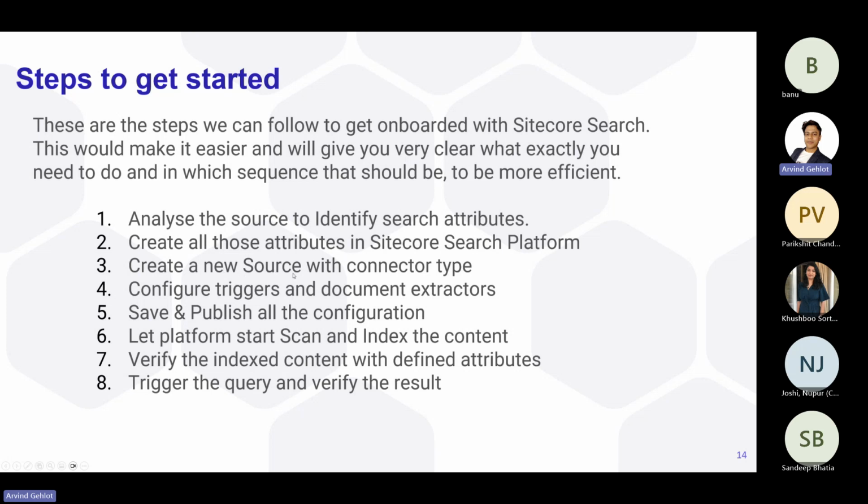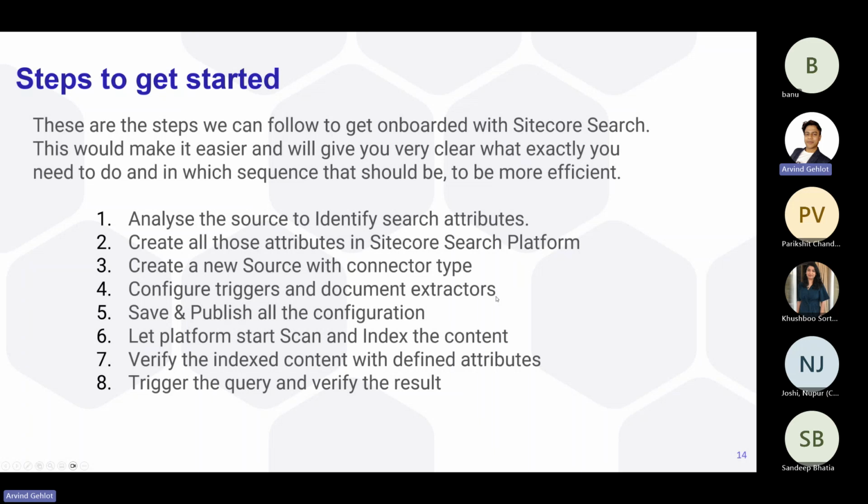Then we need to create a source and the connector types. Then we'll configure trigger and document extraction. Trigger means when to start and how to start with the crawling. And document extractors means how to extract the attributes or field values from that page itself.